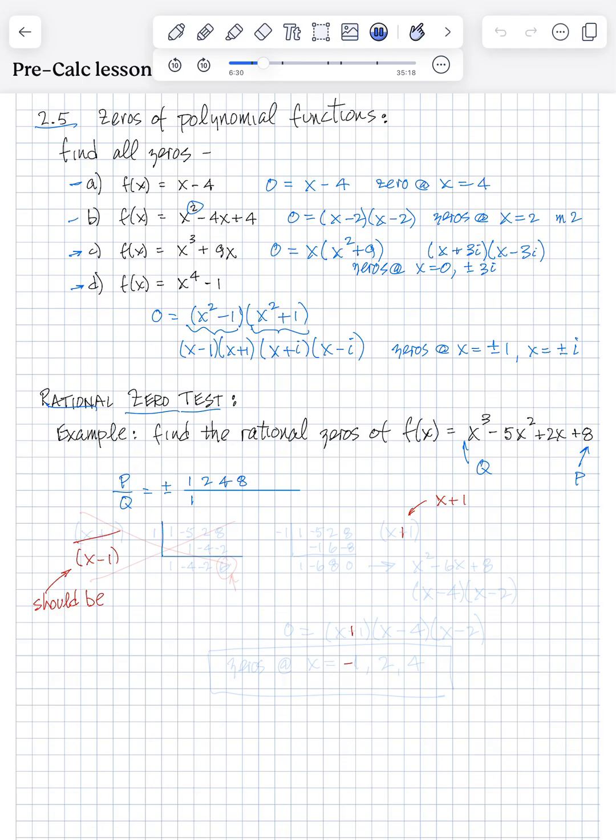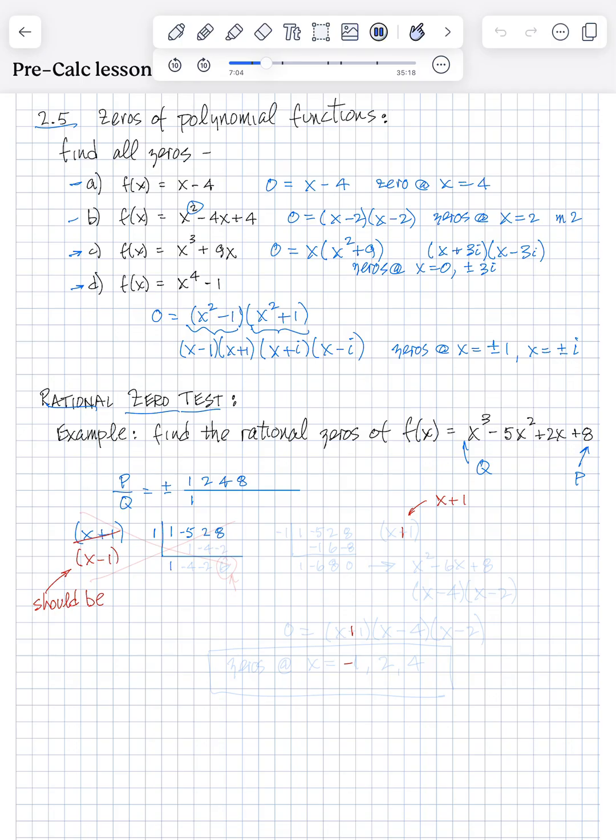So we take our equation and we write the coefficients. 1, minus 5, 2, and 8. And now we're just going to guess at what a factor of this is going to be. So let's just say x minus 1 is a factor, and we're going to test it out. So we put a 1 right here, and we do synthetic division.